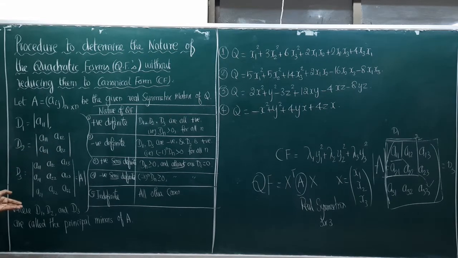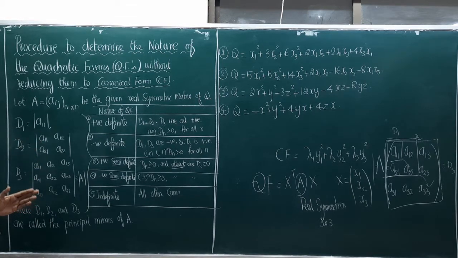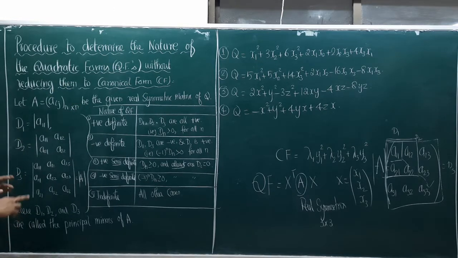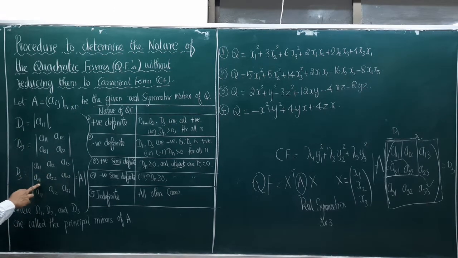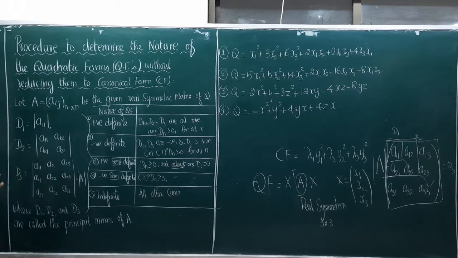And D3 is where all three diagonals are included. That is the third principal minor of the given quadratic form Q: A11, A12, A13, A21, A22, A23, A31, A32, A33. So this is exactly the determinant of the given matrix A. Find out the D1, D2, D3 values.